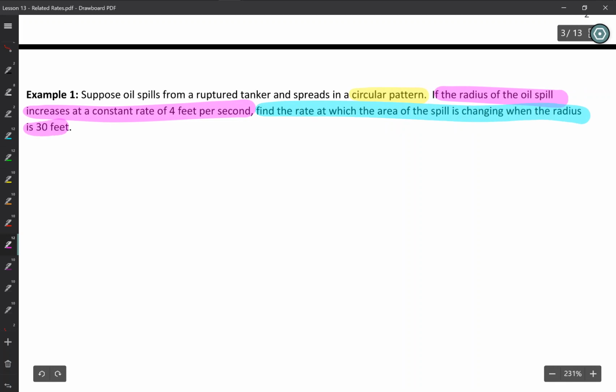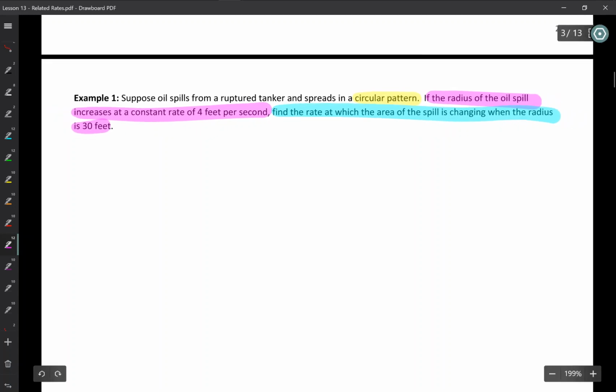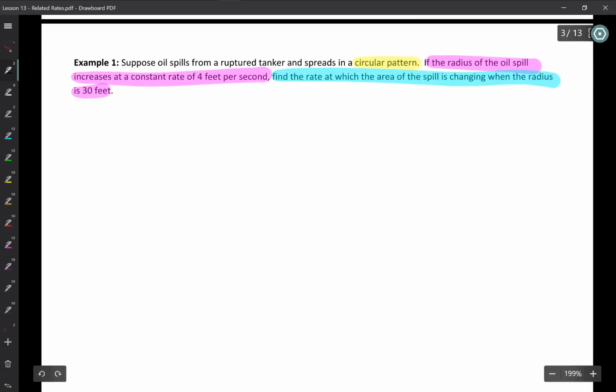Okay, so that sounds like a mouthful, but let's just go ahead and draw a picture, identify our givens, our unknowns, and then try to relate our variables, just like we would do for any word problem. So I'm going to draw a diagram first. What's going on? We have an oil spill, and we are assuming that it is increasing in a circular pattern.